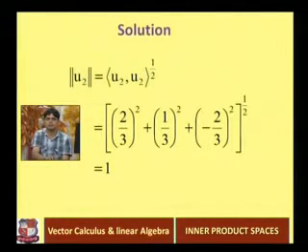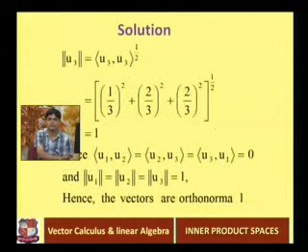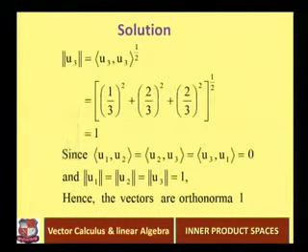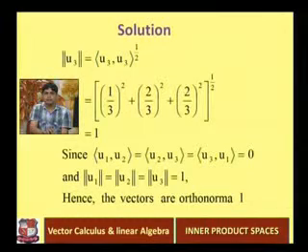So we see that u2 is orthonormal, and for u3 also the norm of u3 is equal to 1, so u3 is orthonormal.